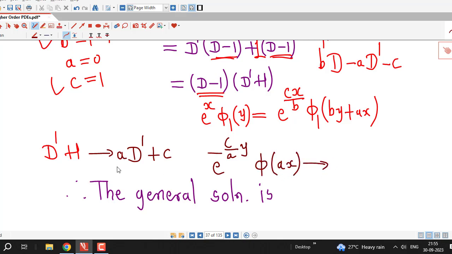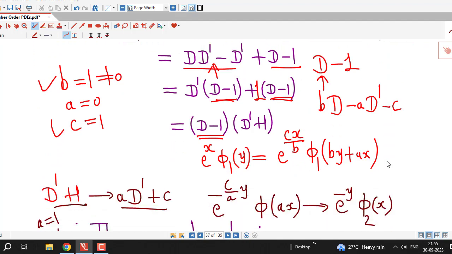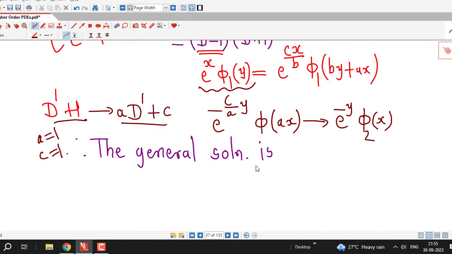So here we compare this with aD' plus c. So we find that a is 1 and c is also 1. So we have e raised to minus y, arbitrary function of x, that we will denote by phi 2. So corresponding to D minus 1, what we have written is e raised to x times arbitrary function of y.